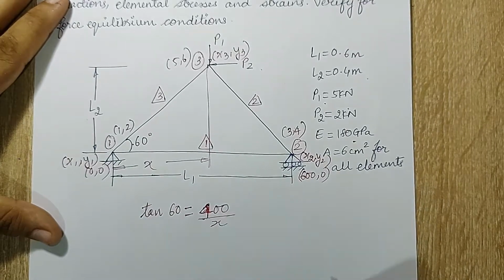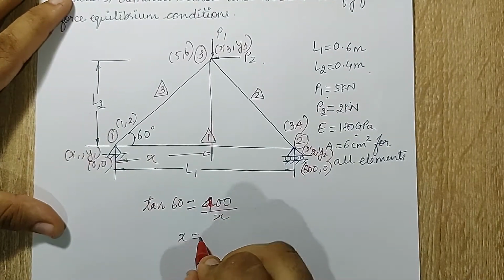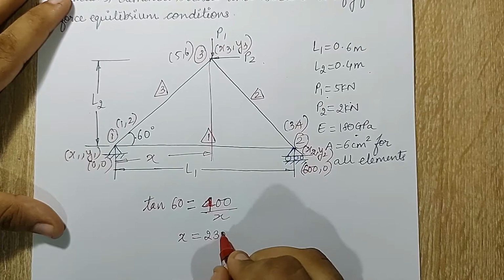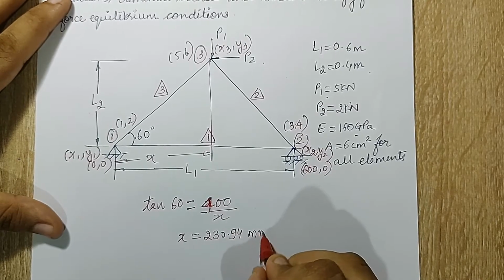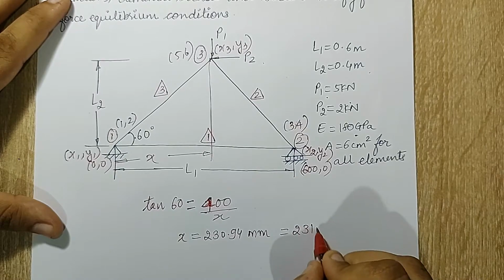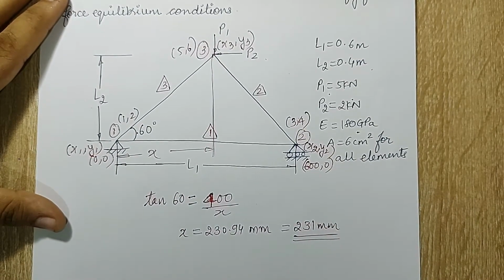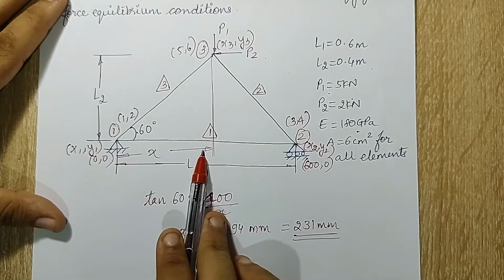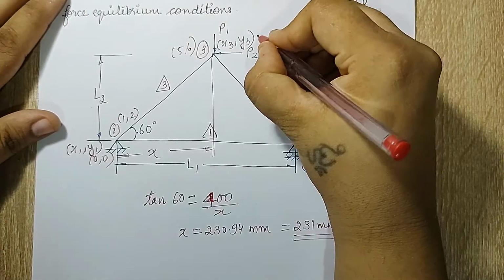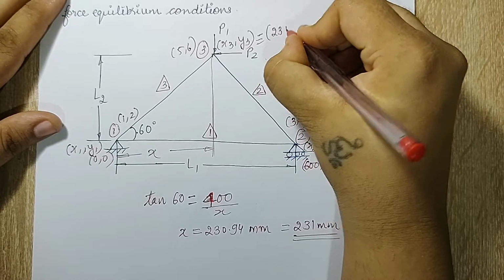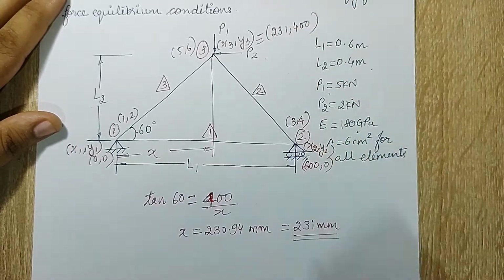So tan 60 is 400 upon x. When I calculate, I get the value of x as 230.94 mm. I will be taking this as 231 mm. So this is the value of x over here. So this coordinate now becomes 231, 400.